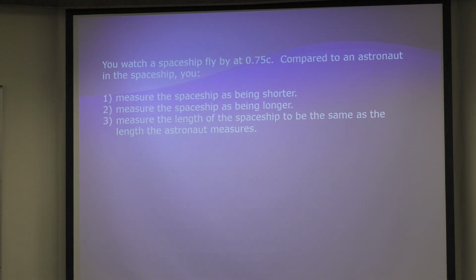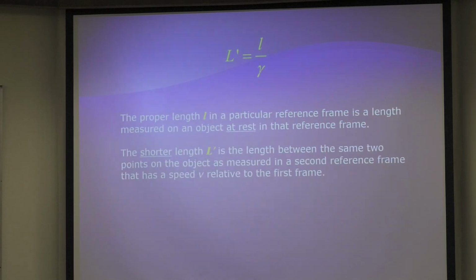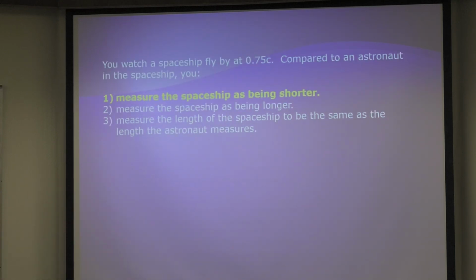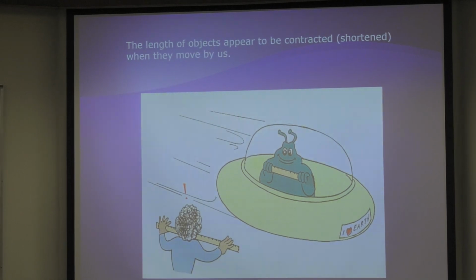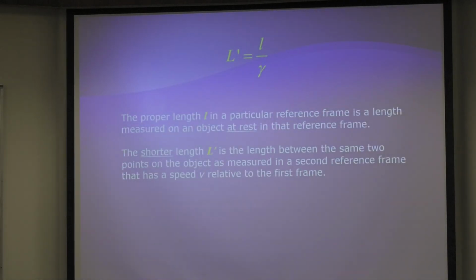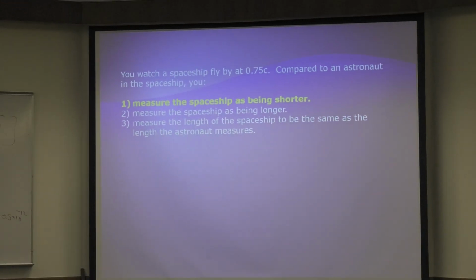So you are measuring uppercase L prime. Remember, gamma is always greater than 1. So it will be shorter, right? The length of objects appear to be contracted, shortened when they move by us. So you would say that the spaceship is shorter in the direction of motion. Okay, we're going to do some examples, but we're going to stop right now.